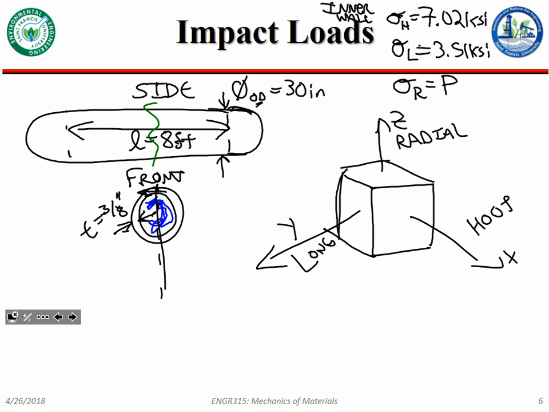So we have all normal stresses, but it's a very 3D load state. And if we weren't on the inner wall, if we were on the outer wall, the radial stress would just be zero, and we'd be left with just straight up plane stress. We only care about the in-plane stuff.